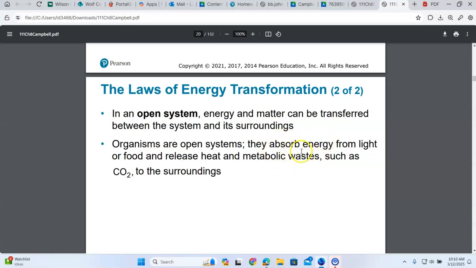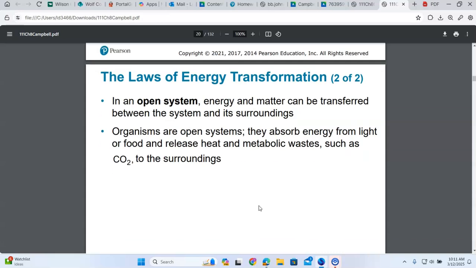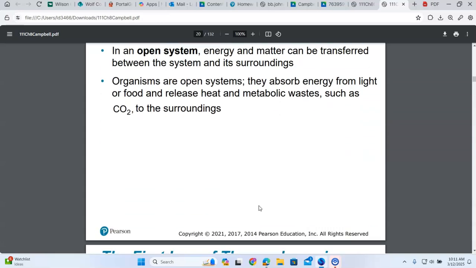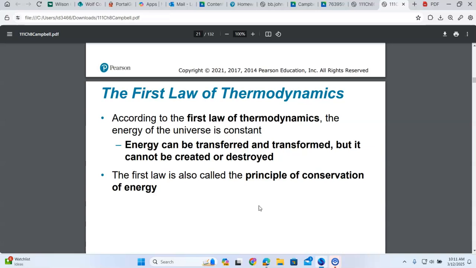For example, a plant absorbs energy from sunlight and then releases heat and waste like carbon dioxide to the surroundings. So that's called an open system. It's got to get its energy from outside, which is sunlight, and then it releases energy in the form of heat to its surroundings. So that's an open system.